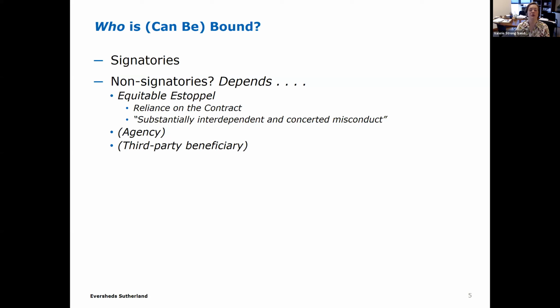If you have an employment dispute, maybe you have an employment contract or a handbook or some other arbitration agreement with the entity that employs you, but maybe your manager is also a named defendant. Maybe if it's a business breakup, you're suing the business entity, but also your partner or soon to be former partner. And I could go on, right?